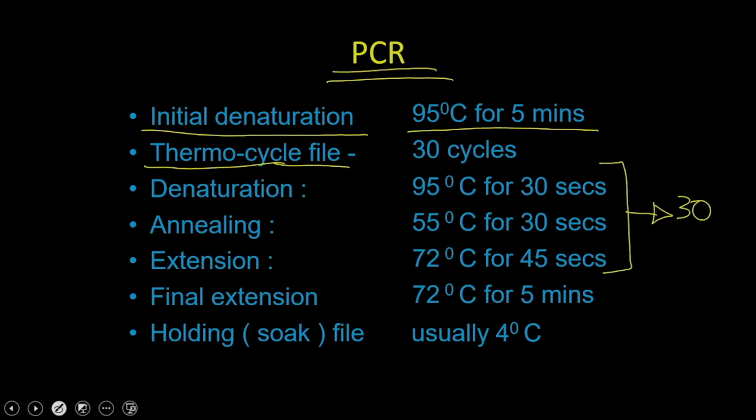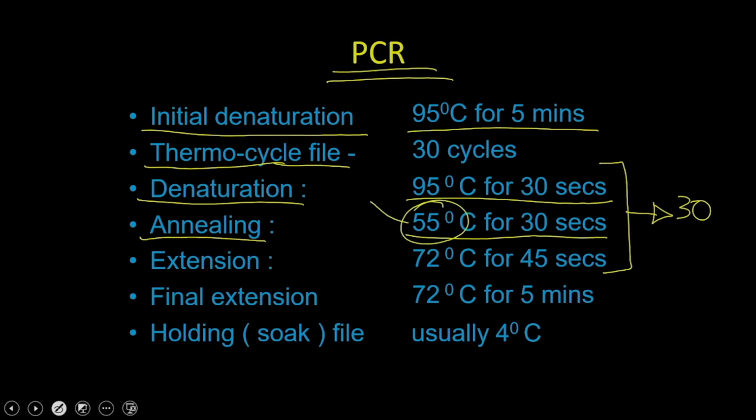In each cycle you have denaturation at 95 degrees Celsius for 30 seconds, then annealing at 55 degrees Celsius for 30 seconds. This is not fixed; it has to be decided based on the Tm as well as the annealing temperature of the primer dimers and other such parameters.